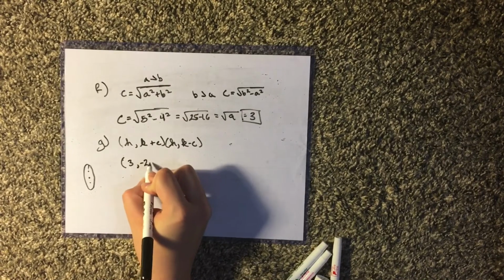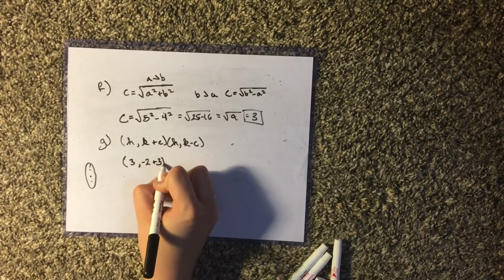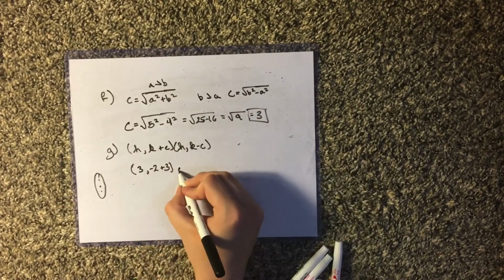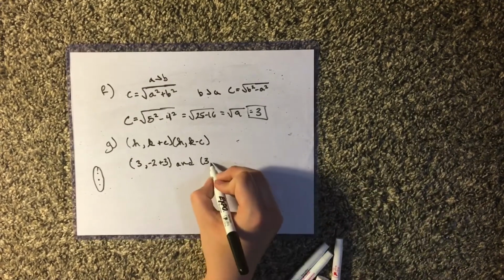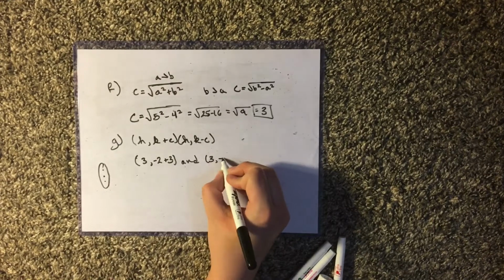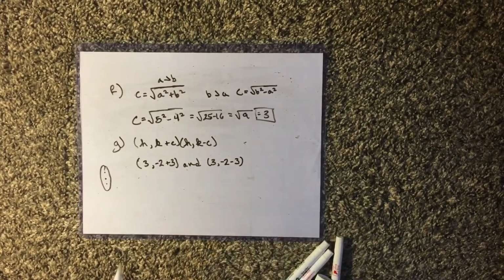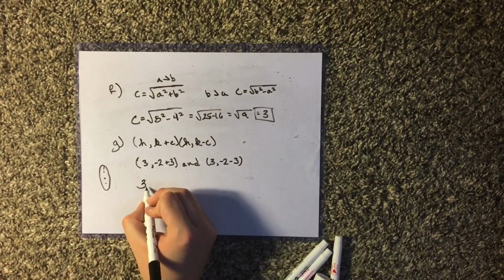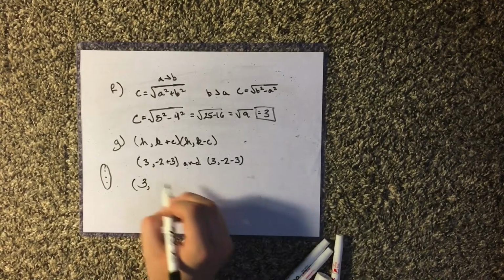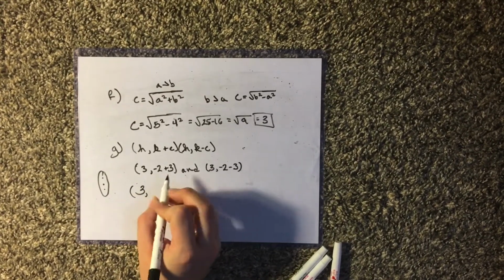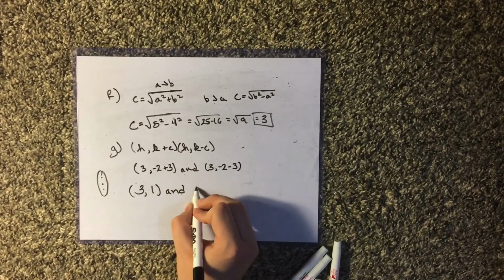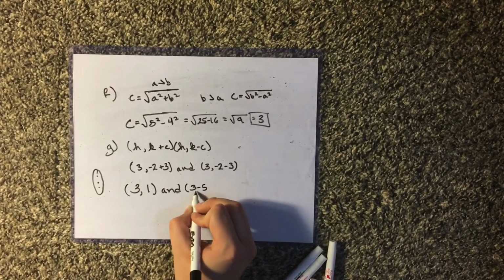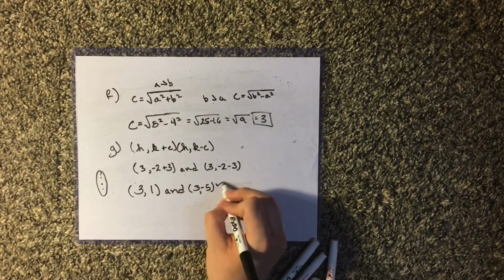It's -2 plus 3, and 3, -2 minus 3. So the final verdict for our foci is going to be 3, 1, and 3, -5. Perfect.